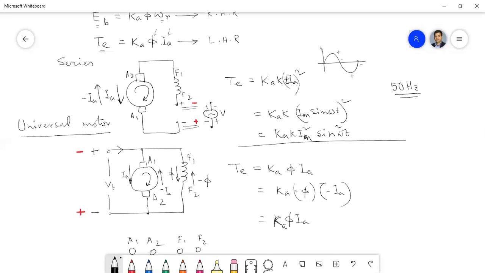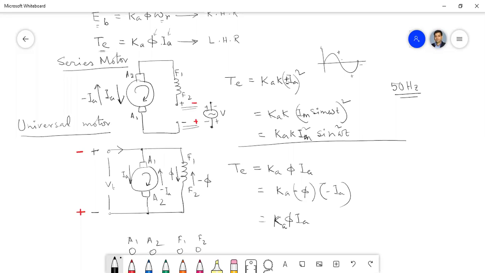But as we have seen, the performance will reduce in alternating supply. So therefore we need some compensation when we try to rotate the same machine in alternating supplies. So that machine is called a compensated series motor. In general, this type of motor is called either universal motor or simply series motor, as I have written. So it is a series motor.